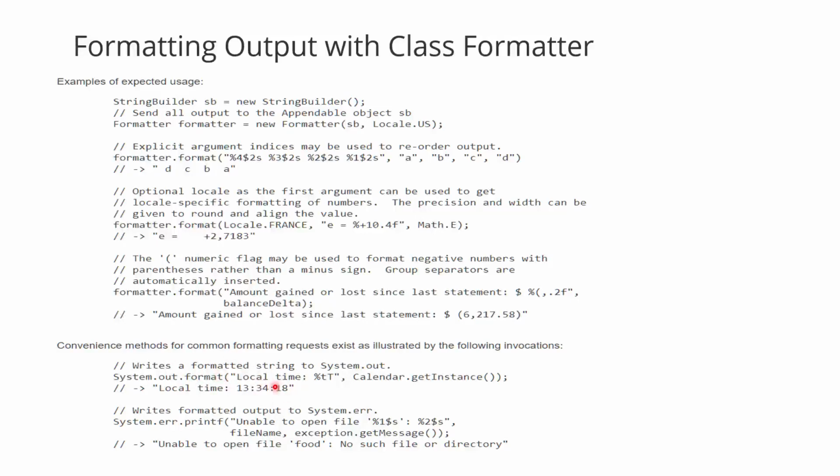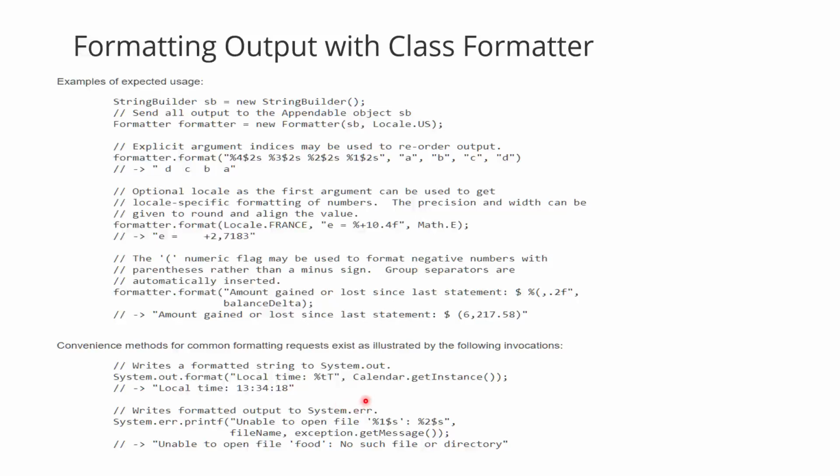Here are also some convenient methods for formatting strings to System.out. So we can see here we are calling format, and we're outputting local time in a lot less, really in one line.